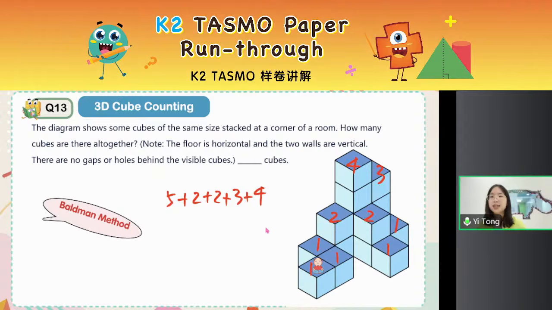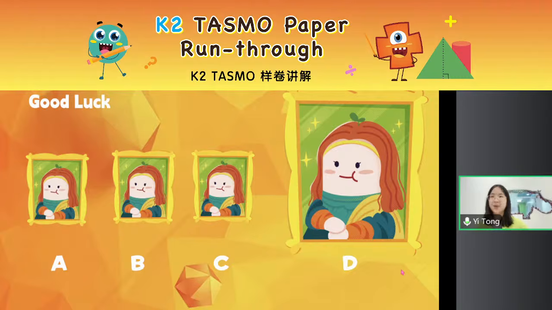So you see, bald man method, column by column, and we add all of them together. What do we get? So this is 7, 7 plus 5, 5 plus 4 is 9. So 9 plus 7 is how many? 16. Yes, very fast.